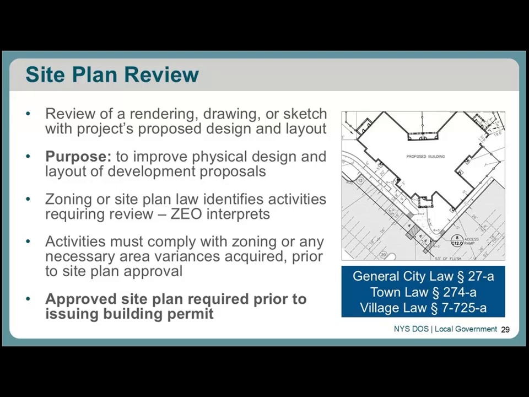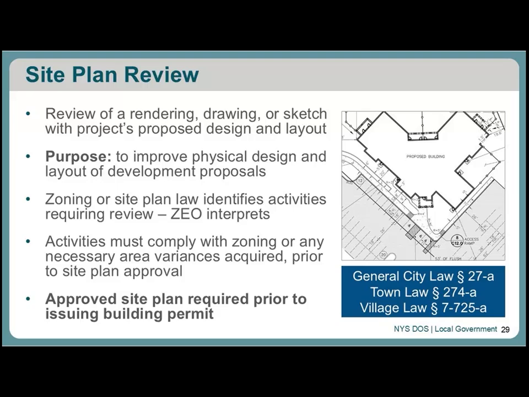Again, the ZEO interprets whether or not a project or land use activity requires a site plan review, and it should be spelled out either in the site plan law or zoning, those activities that trigger the review. And then, prior to a building permit, site plan review will need to be approved before a building permit is issued.